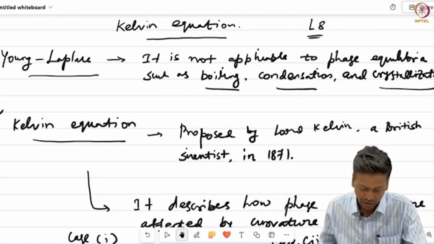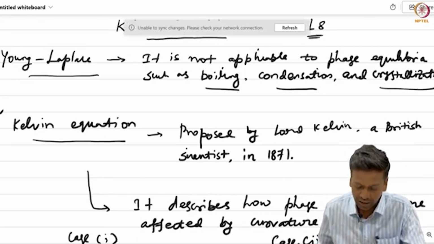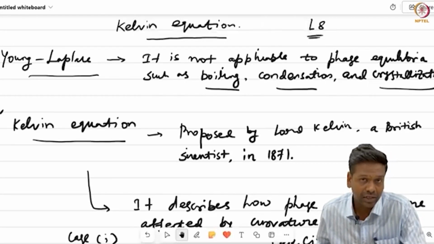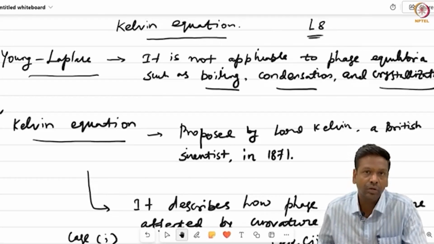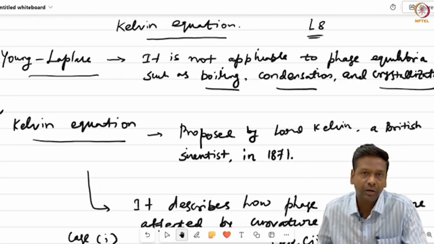But the Kelvin equation helps us find out the critical radius of the bubble, and it also helps us find out the pressure of the bubble or the droplet.